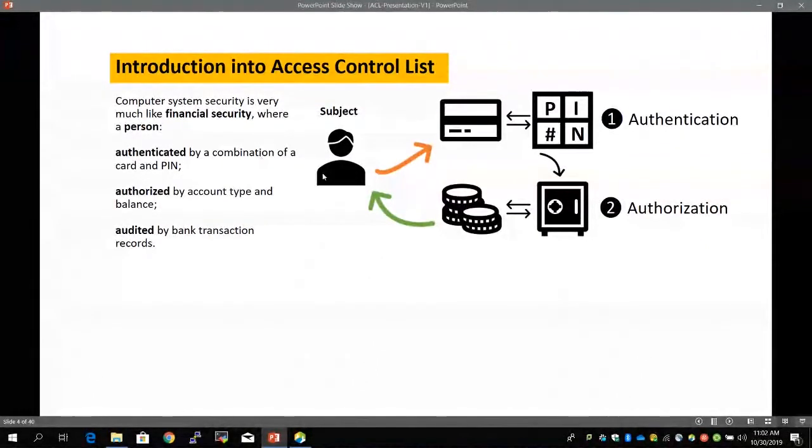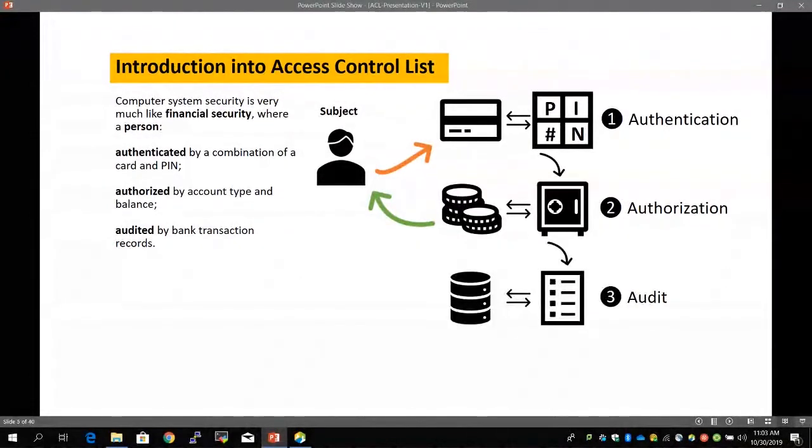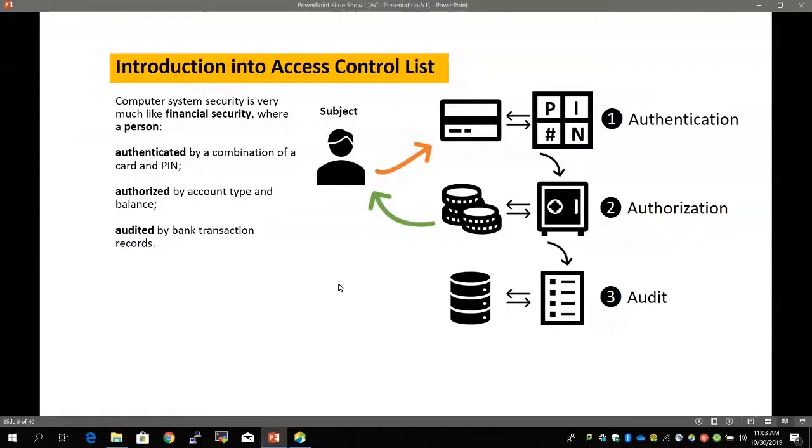And upon successful or unsuccessful completion of this request, information is logged and kept for future audits. So the three components of the basic security paradigm are implemented in our daily lives. It's very much the same in computer systems.